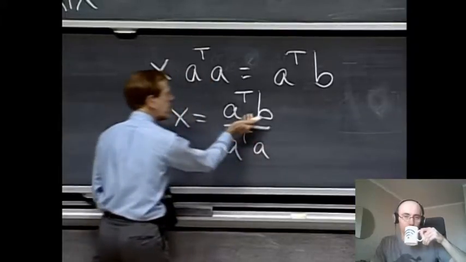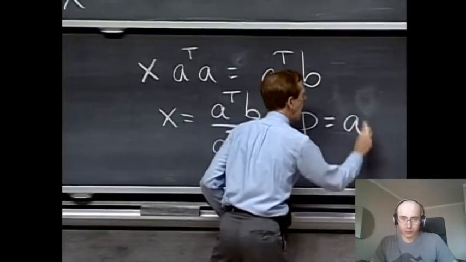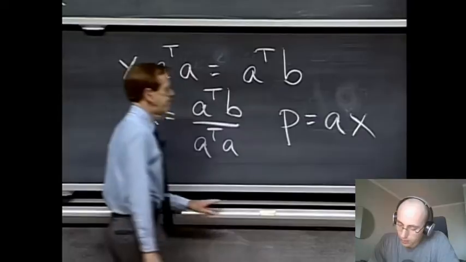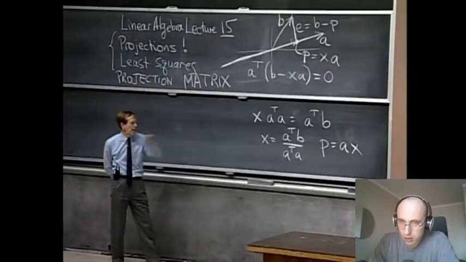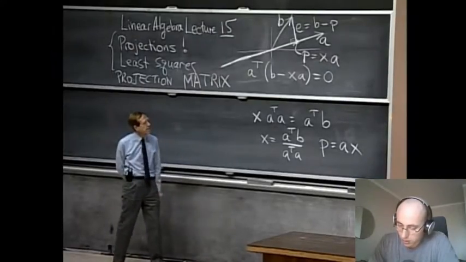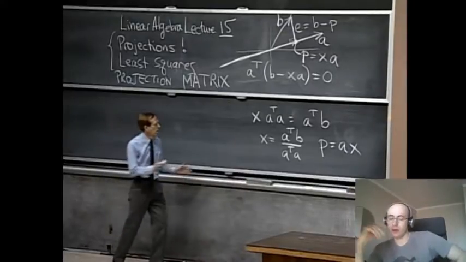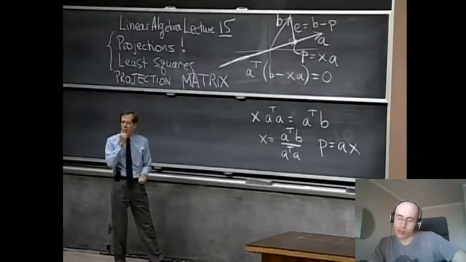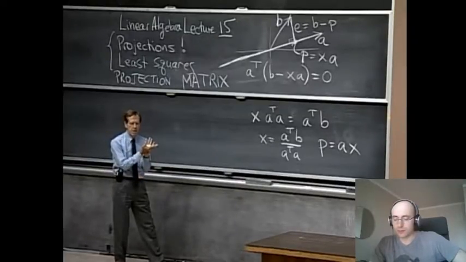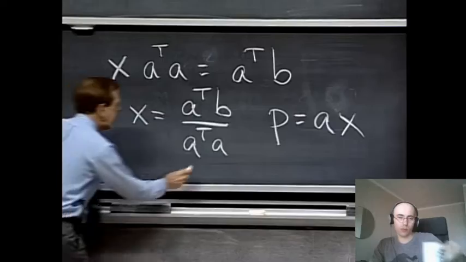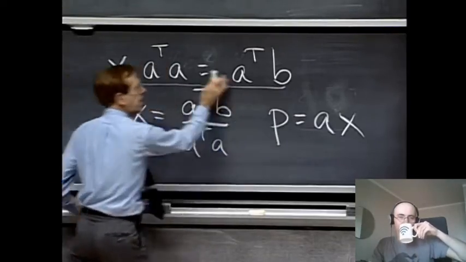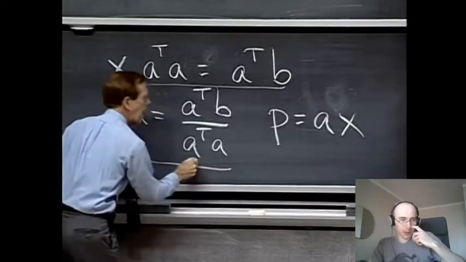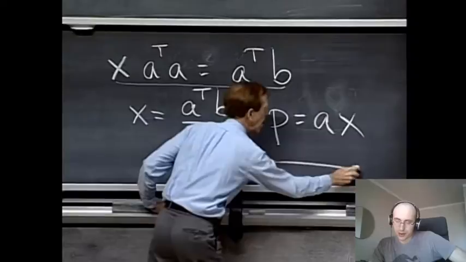And the projection P is A times that x, or x times A, but eventually I'm going to want that x coming on the right-hand side. So you see that I've got two of the three formulas already right here. That's the equation that leads me to the answer. Here's the answer for x, and here's the projection.